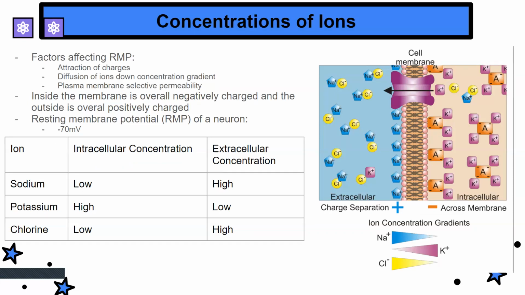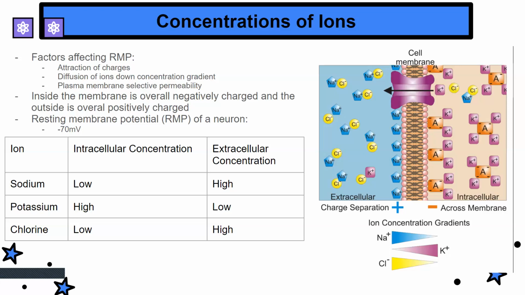Before we move into things like potentials, it's important to understand the basics, and that involves understanding how the concentrations of ions are determined. What influences those concentrations? What causes the build-up of something on the outside and something on the inside?